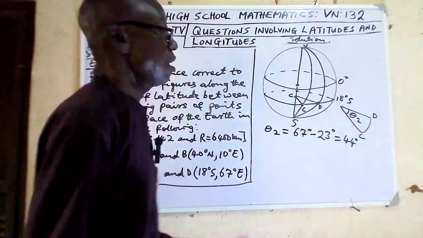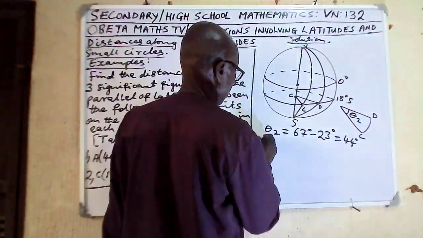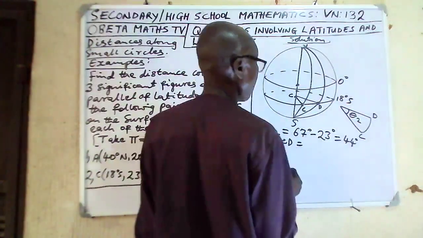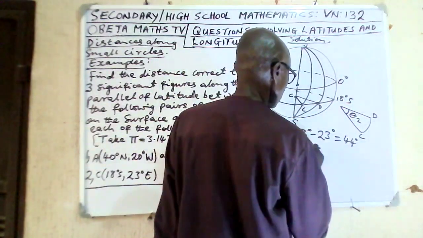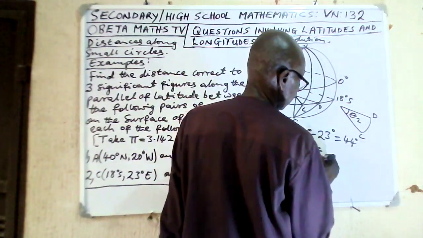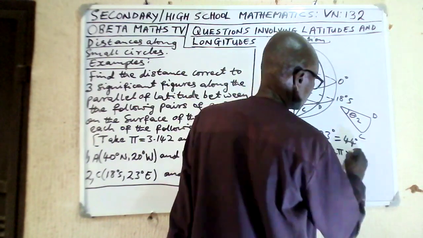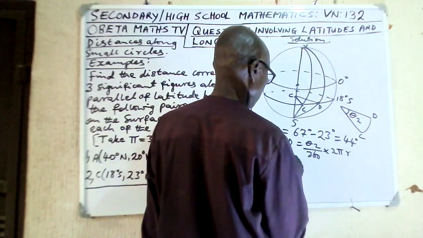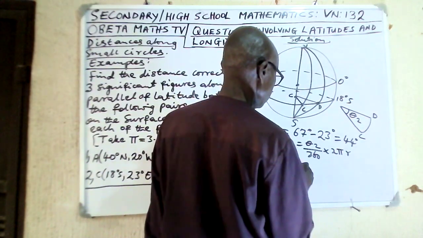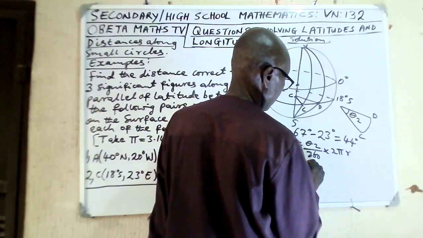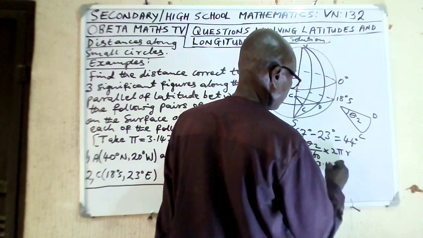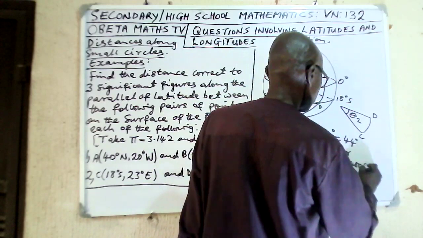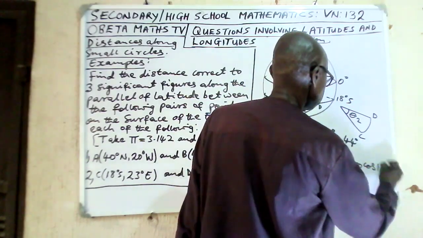So, following the same method, we know that arc CD is equal to theta 2 over 360 times 2 pi small r, which will give us 44 over 360 times 2 times 3.142 times 6,400 cos 18.